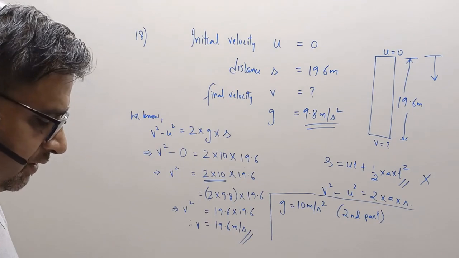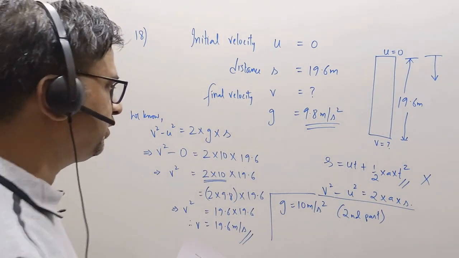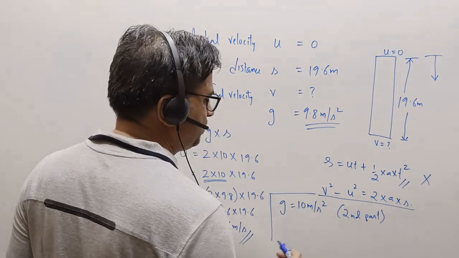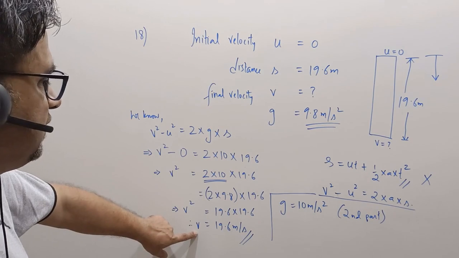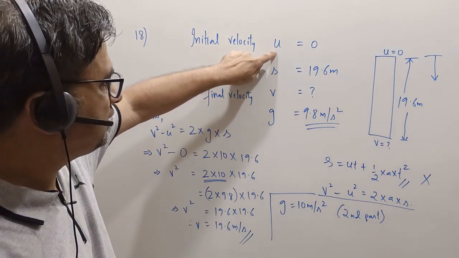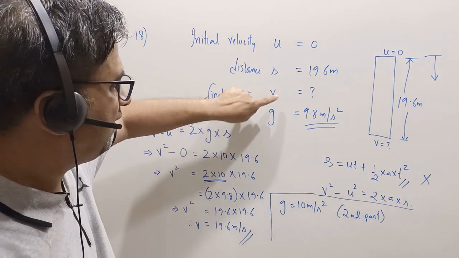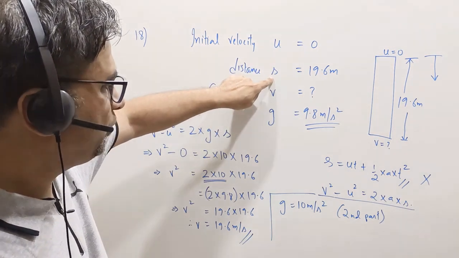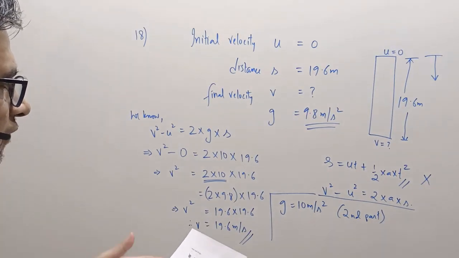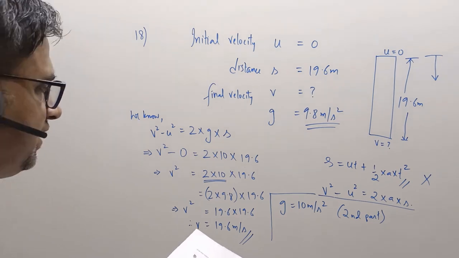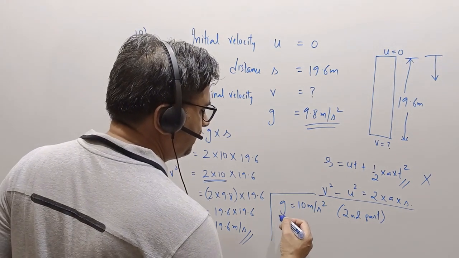It's the second part of the question. What is the question? The time taken by the ball to reach the highest point. So it's easy now. Time taken to reach the highest point. So we have already got the final velocity, we have got the initial velocity, and we have s. So we should be able to now find t. In fact, we don't need s.